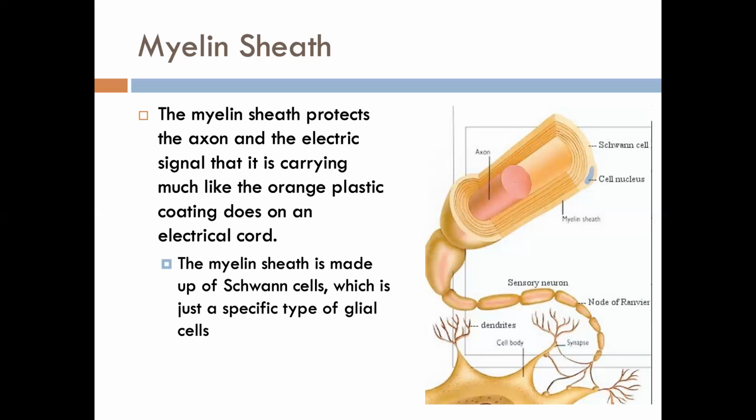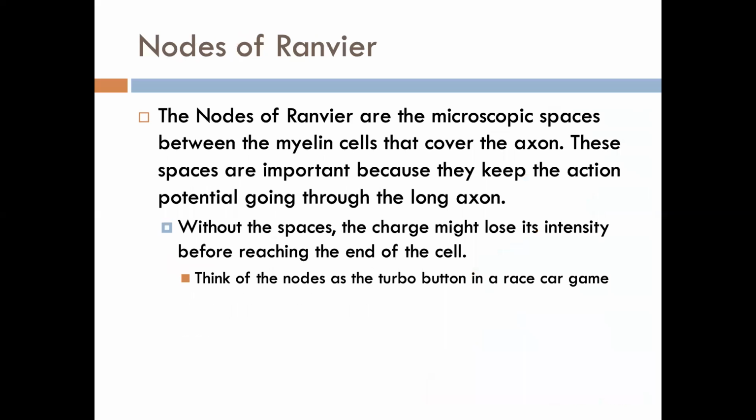Like I said, the nodes of Ranvier, they are microscopic holes, spaces, spots within the myelin sheath that aid the travel of action potential. This allows for information to be sent down the axon fast, efficient. And these smaller holes within the myelin sheath act as a way to push action potential down the axon.